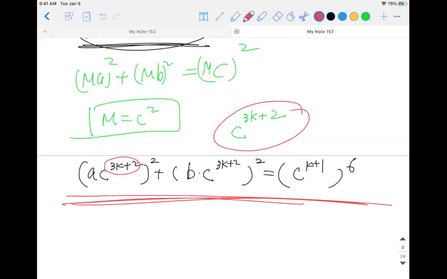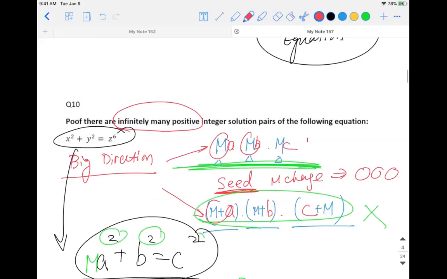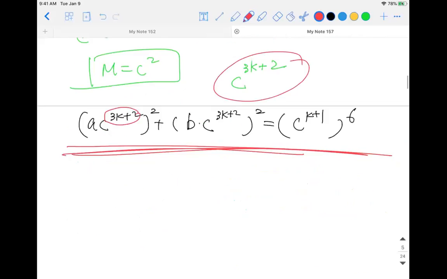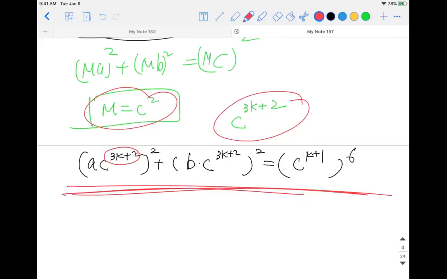So try to understand the idea, okay? This problem, always the big direction: try to construct a seed and then multiply them using m or add them using m. Taking from there, you'll be able to get the right solution. Also, I know that if you go for m equals c squared, it's even easier, right?